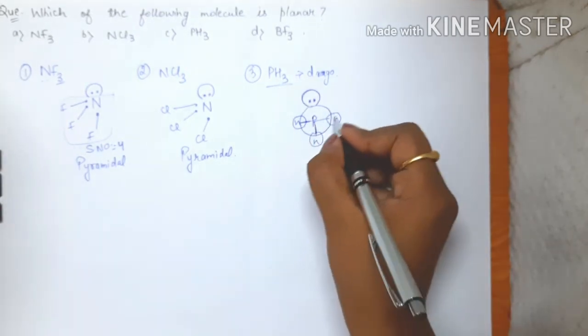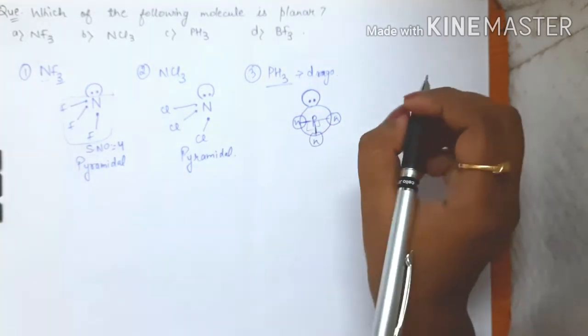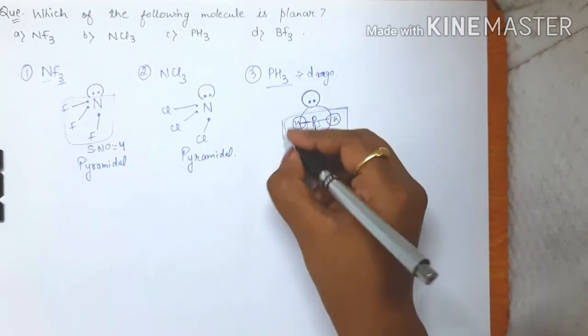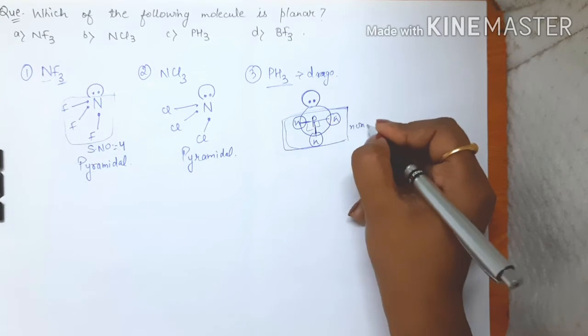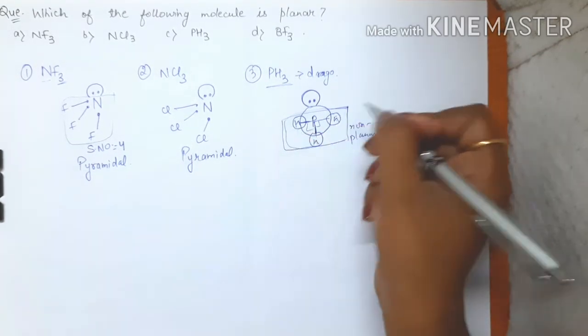So if these 3 hydrogens are at 90 degrees from each other, then definitely this whole shape is not planar. This is non-planar. Why? Because each of these hydrogens is at 90 degrees.